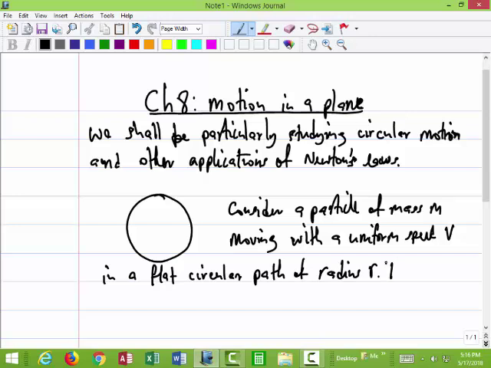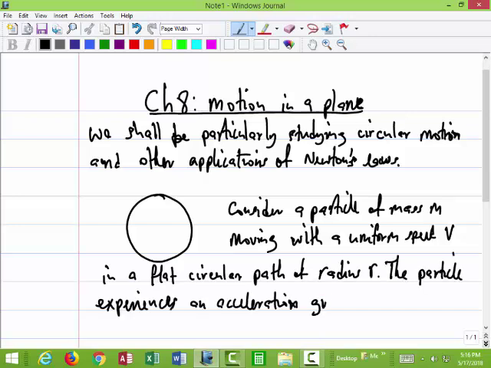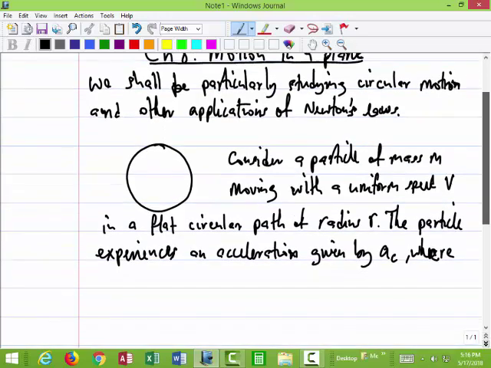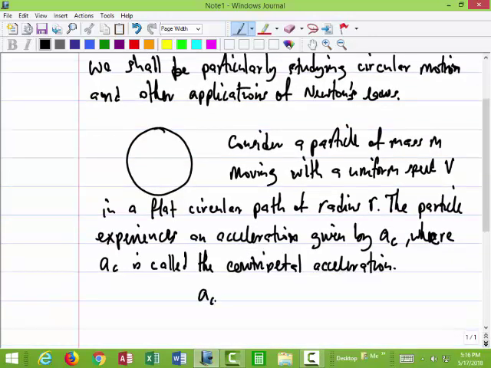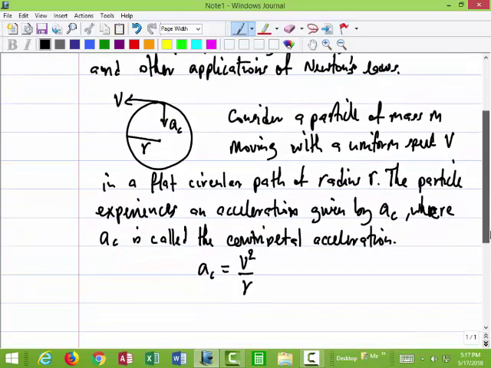The particle experiences an acceleration a subscript c, called the centripetal acceleration. a subscript c is given as v squared over r, where v is the speed of the particle in the path, and a subscript c points to the center of the path. The radius of the path is r. So the centripetal acceleration is v squared over r.